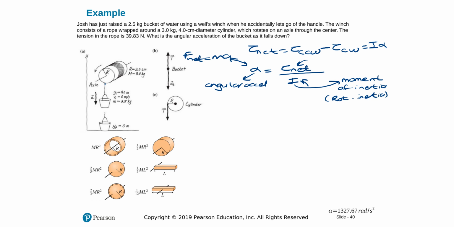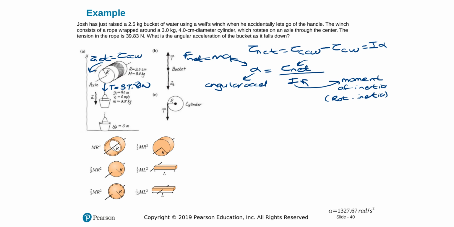System is moving. We have this tension, and it's 39.83 Newton. That tension will apply a torque, and we'll have a torque in this direction. That's it. Tau net is only counterclockwise, no clockwise torques.